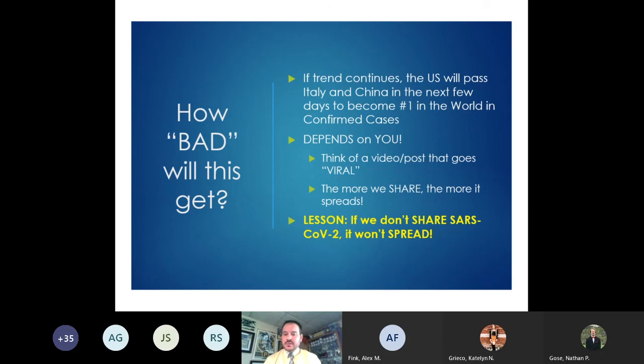Naomi asks, why is the U.S. spread so much worse than China when we have fewer people and less population density? Yeah, these are some great questions. And again, we just don't necessarily know. Now, China put in some very significant and almost immediate lockdowns and quarantines.